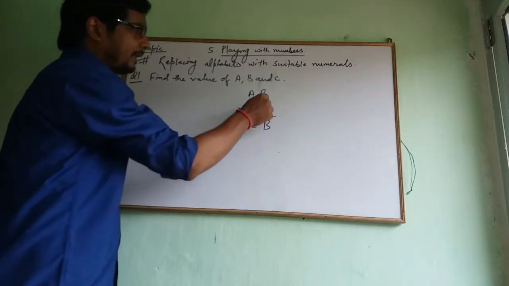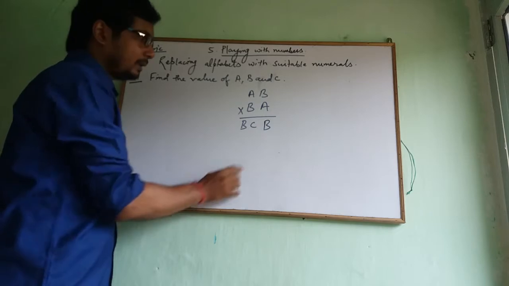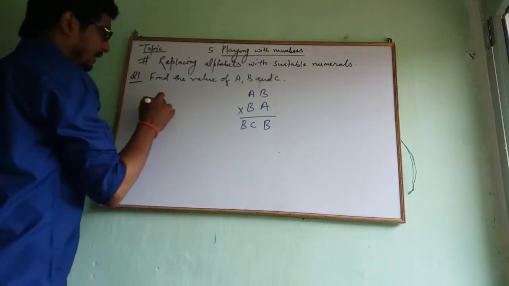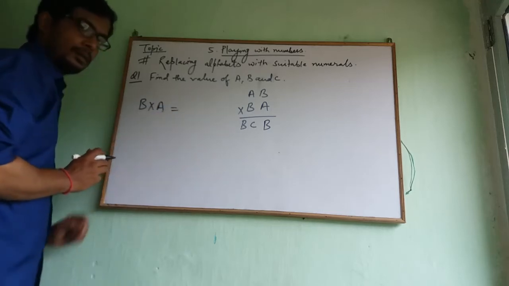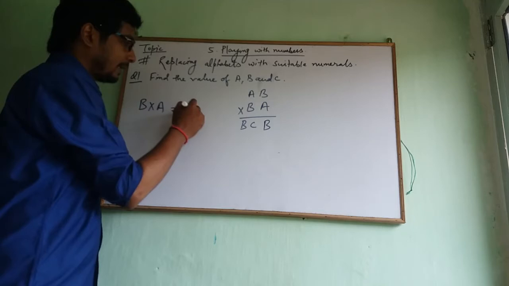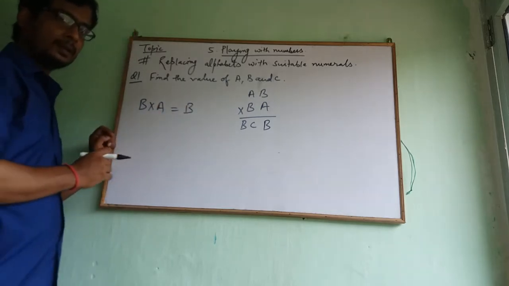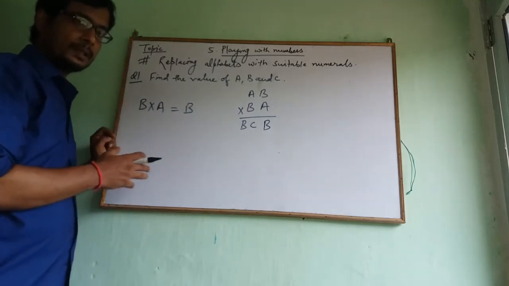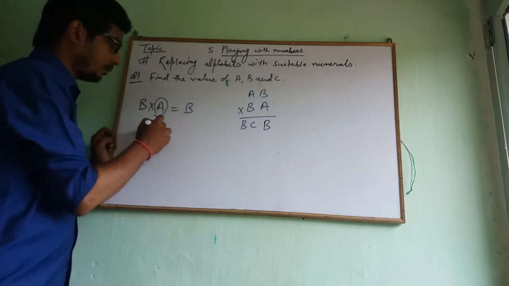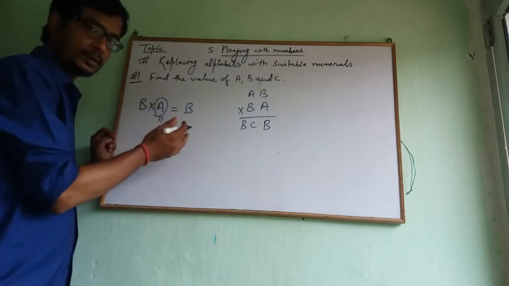You can see here that when A is multiplied with B, my answer is B. So any number when multiplied with another number, and the answer is the number itself, this type of concept happens when the number is 1.